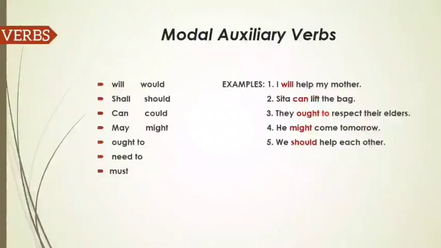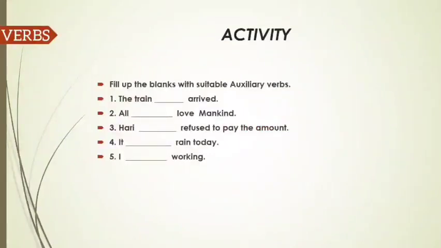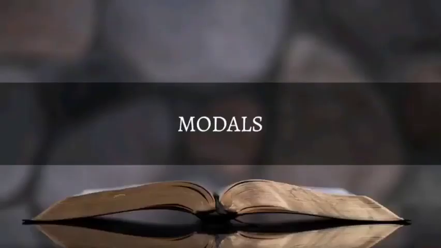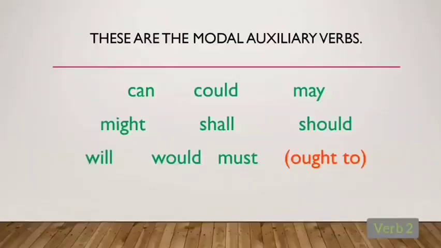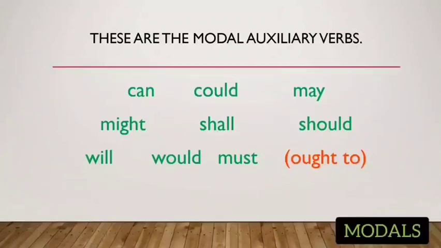It is going to be a long learning for modals, because modals are very, very important. These are not like auxiliaries. One activity is provided here, so try to answer it. Modals: can, could, may, might, shall, should, will, would, must, and ought to.